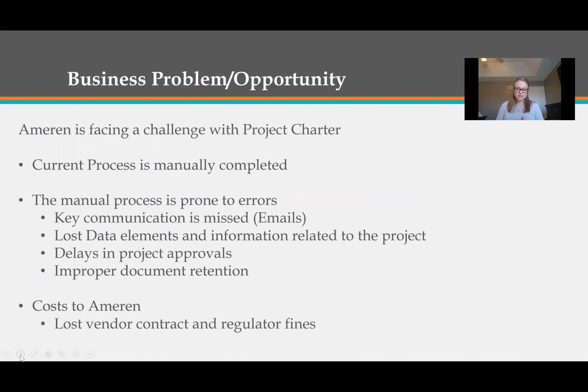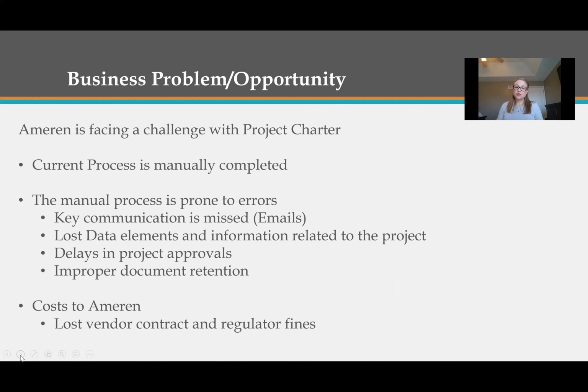And then we will wrap up with specific recommendations for the best solution. Currently, Ameren is facing challenges with the project charter. This process is completed manually by our key participants, which I will identify in just a moment. This manual process currently being used with documents in Excel, Microsoft Word, Visio, GIF, and emails is prone to multiple errors.